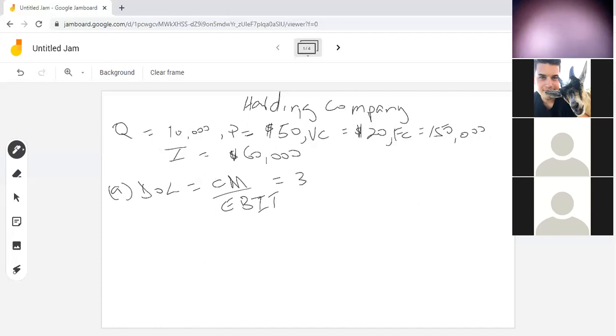In this case, contribution margin would be 300,000 and earnings before interest and taxes would be 150,000. So that means that our DOL would be 2 times.